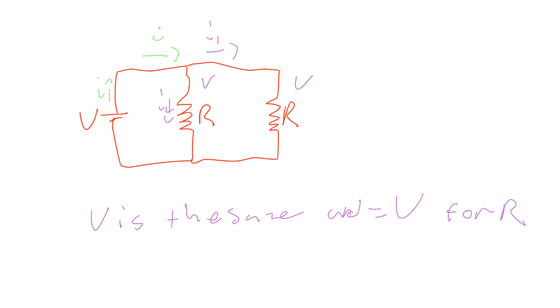It shouldn't be able to tell the difference between each resistor. And so therefore the current is equal to I over 2 for each R, really.